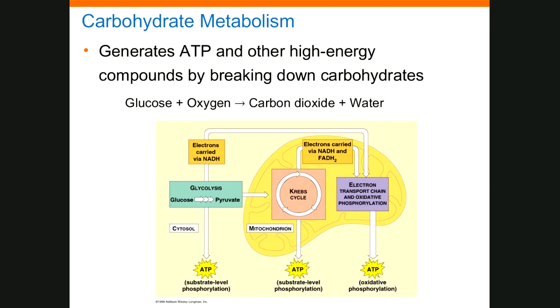We first do a split in half of glucose to pyruvate through the cytosol, through the cell cytoplasm, outside any organelles, with the use of a bunch of protein enzymes, and we create, again, a split in half, so 3 carbon molecules, pyruvate. We generate a little bit of ATP.